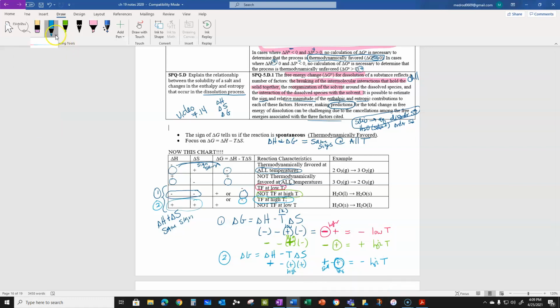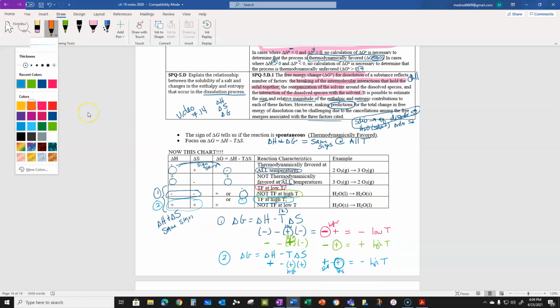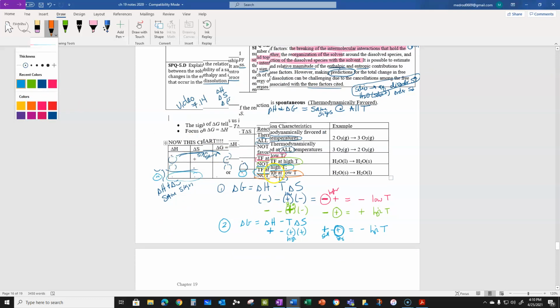Okay? And if I take it on the flip side, let's go a little bit orange, when would it not be thermodynamically favored? So if I take now my H right here, still positive, minus H is still, T is still positive, and S is still positive. But what if this right here was a very low temperature?